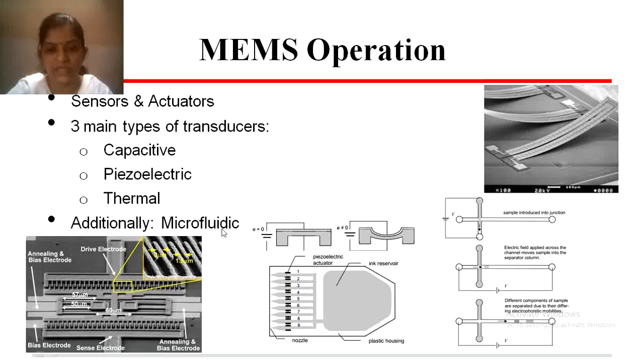Then piezoelectric: we have already seen that in piezoelectric, force is converted into electrical energy, or that mechanical energy, that is force, is converted into voltage. Then thermal: if the temperature increases or decreases, the sensor will work accordingly. And additionally, microfluidic material is also used.